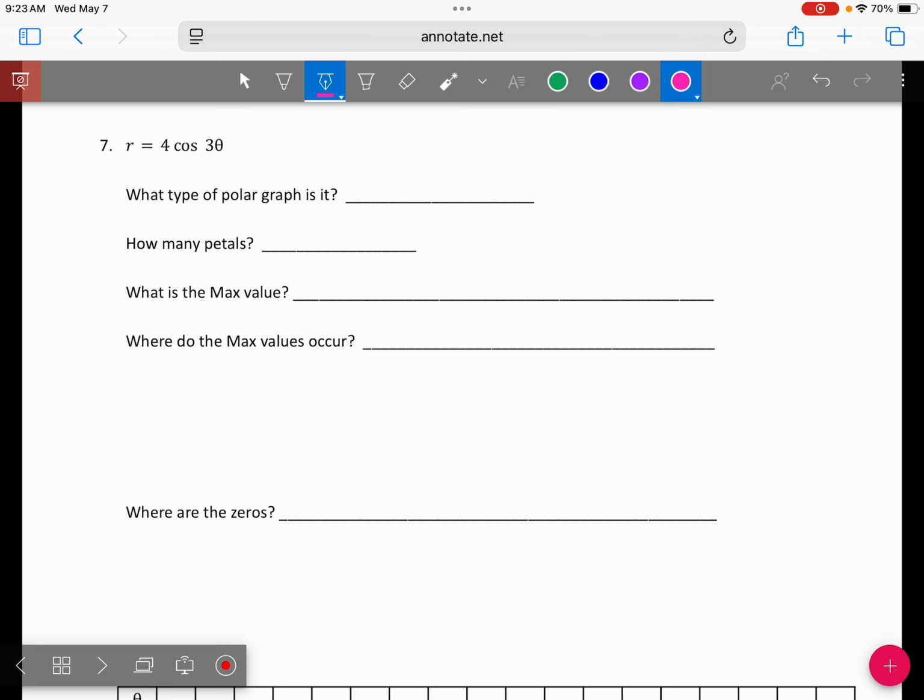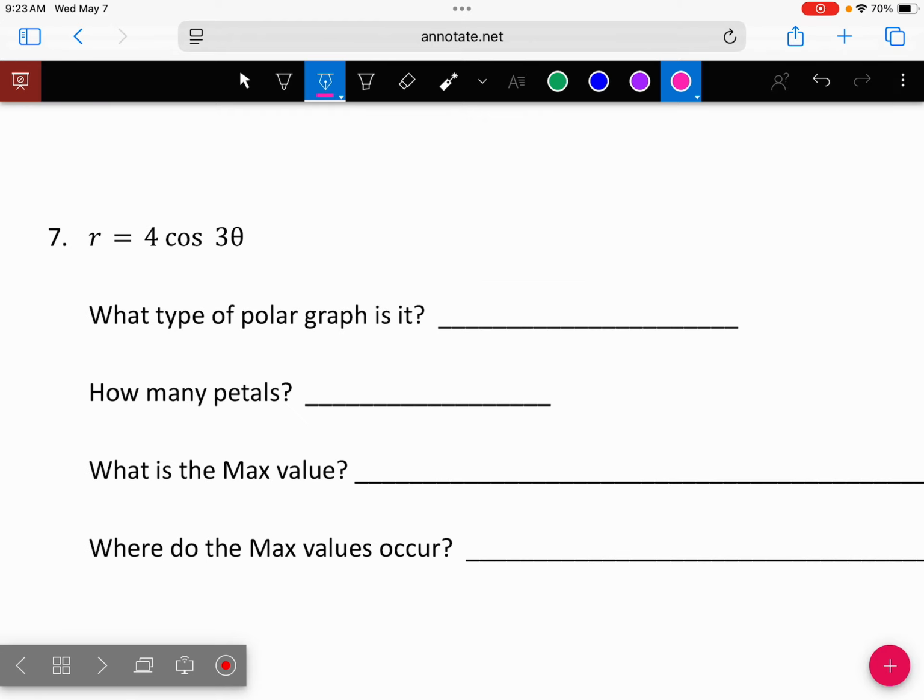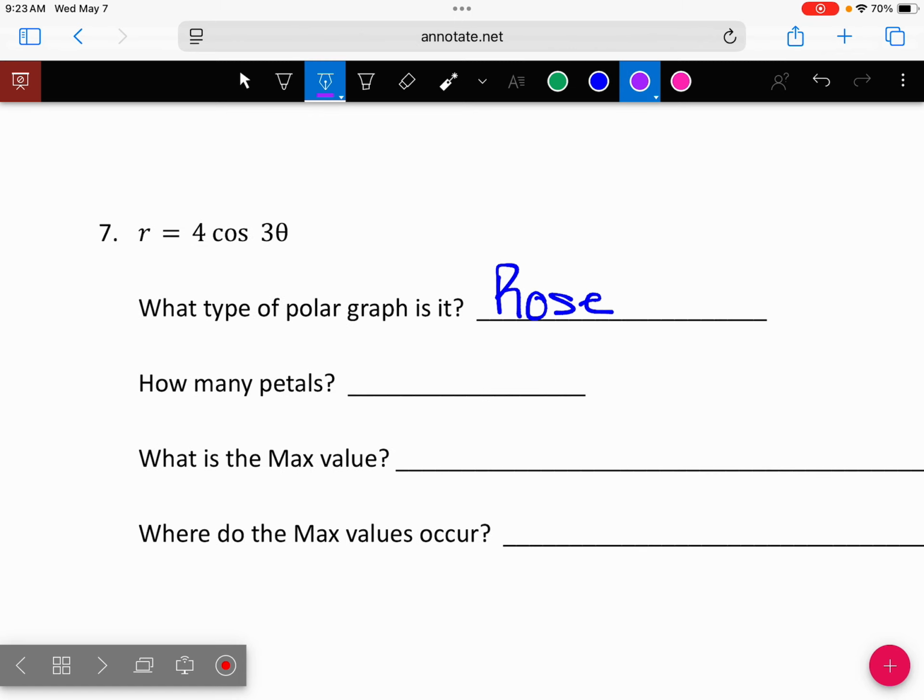First things first, what shape is this? A rose. So roses are a little bit weird, so let's look at our rose. The first thing we're asked is, how many petals is it going to have? 3 or 4? That's the question, isn't it? So look at our equation.